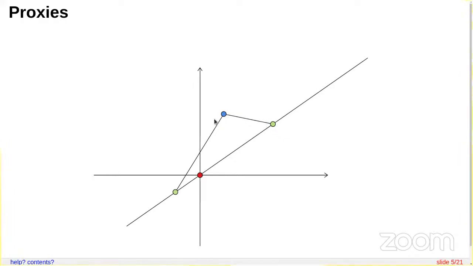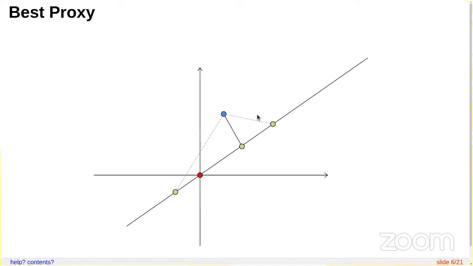Right, so the length square will be the reconstruction error. That is less, so this is a better proxy. The angle is close to 90 degrees. But why is that angle close to 90 degrees? That's because the perpendicular is the shortest. We'll come to that; that's what we are doing next.